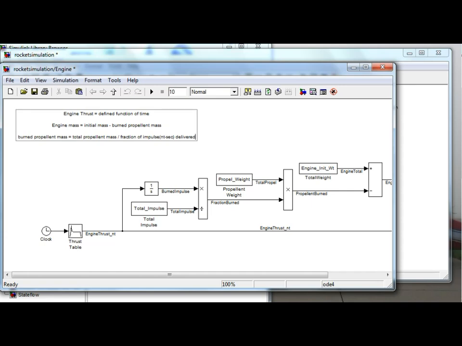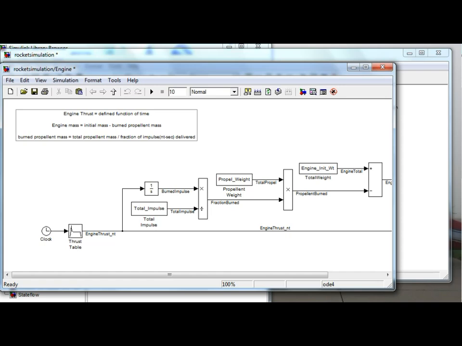Simulink even lets you attach documents, and there's a whole documentation tool, but simply double-clicking anywhere on the space, you can type notes like that, and it just makes it so easy. I can look and say, engine thrust is a defined function of time.